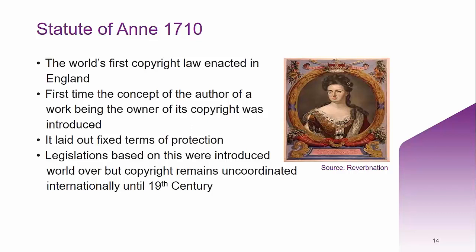There was no automatic copyright protection for unpublished works, and legislation based on this Act gradually appeared in other countries, such as the Copyright Act of 1790 in the United States, but copyright legislation remained uncoordinated at an international level until the 19th century.